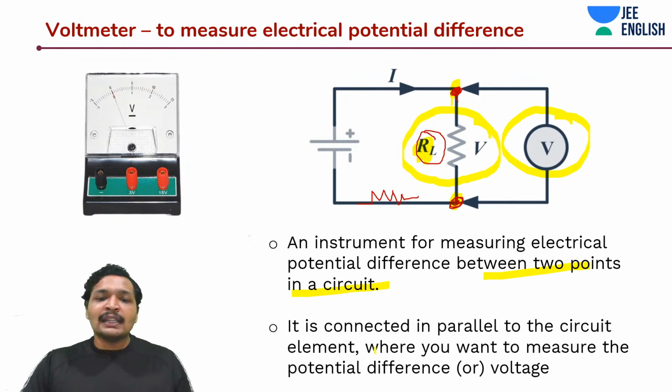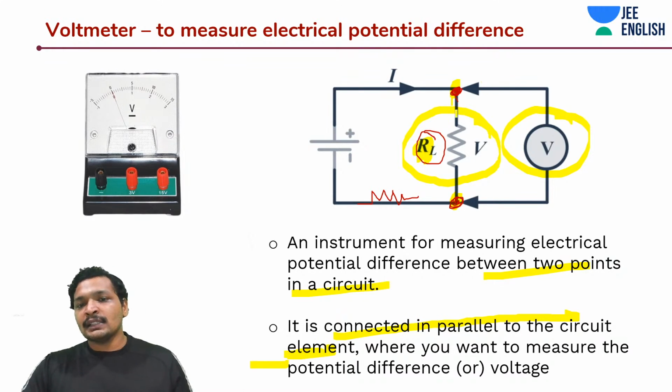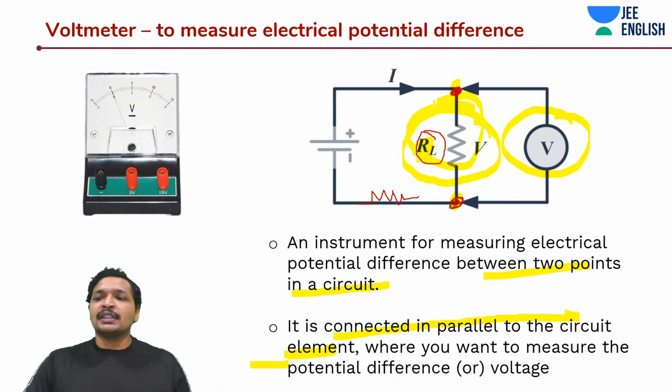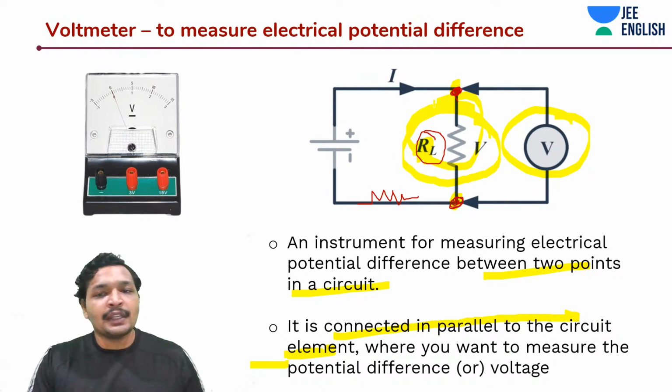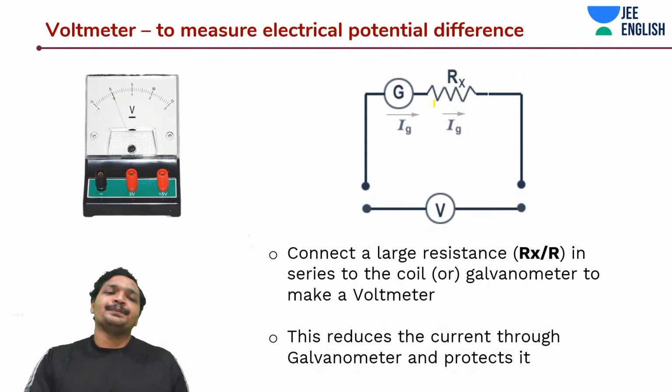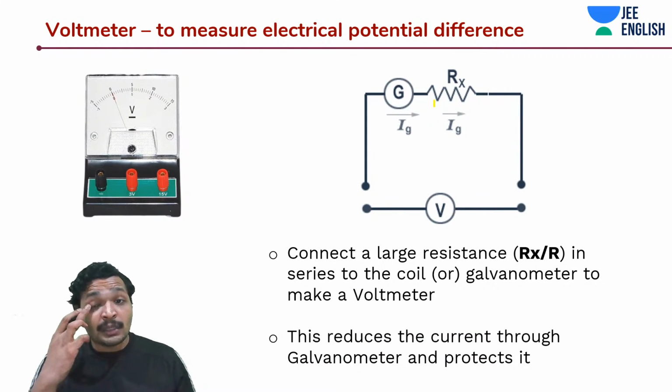And it is connected in parallel where you want to measure the voltage. You can't connect in series. If you connect in series, it will measure its own volt, not any external volt. Okay, easy.